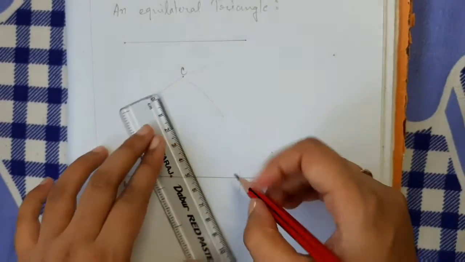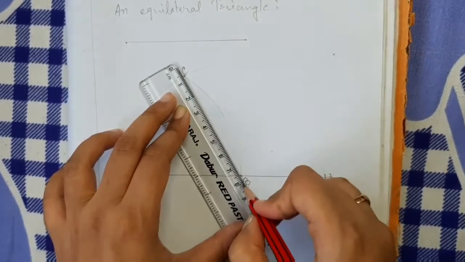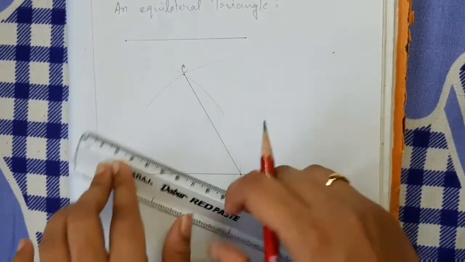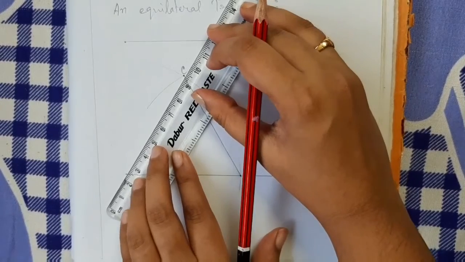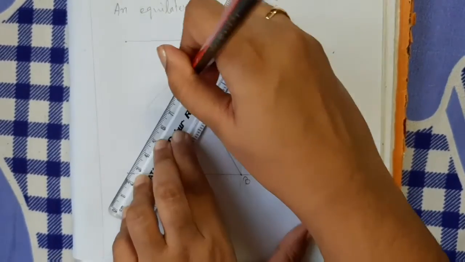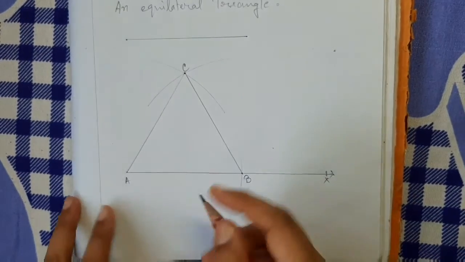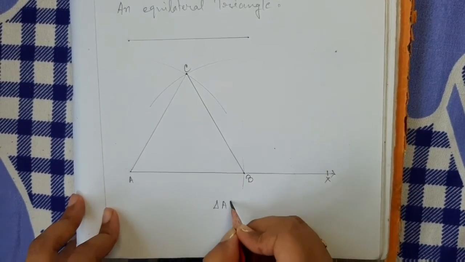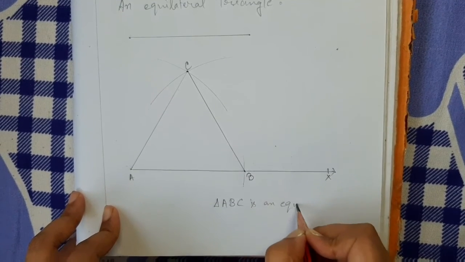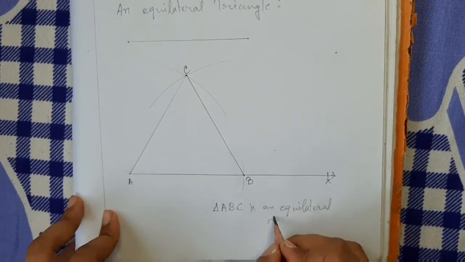Mark this point as C. Now join this C point with B point. Similarly, join this C point with A point. This triangle ABC is an equilateral triangle.